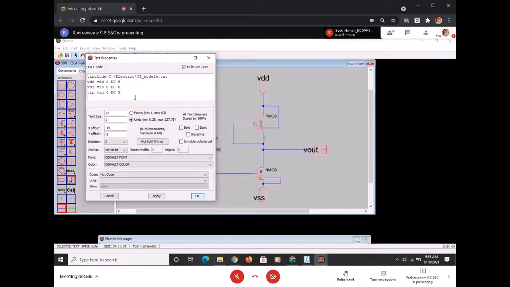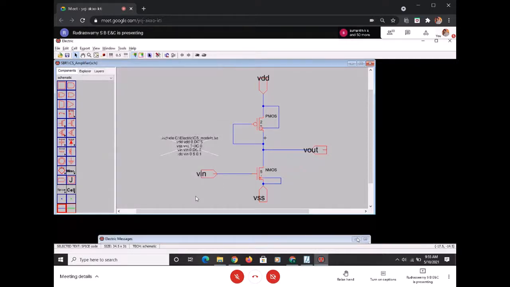DC analysis means it is all with respect to DC. That is all about VDD, VSS, Vin, and then the DC analysis, dot DC. Vin we are varying from 0 to 5 in steps of 0.1. Okay, so save.